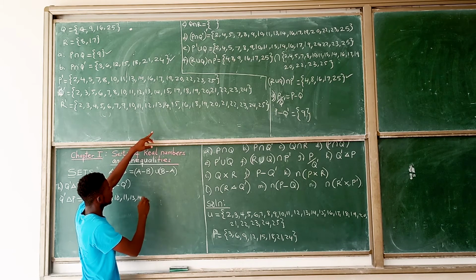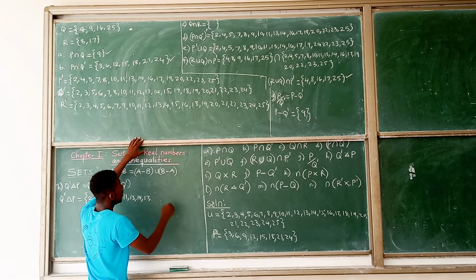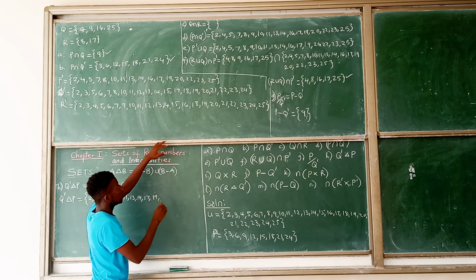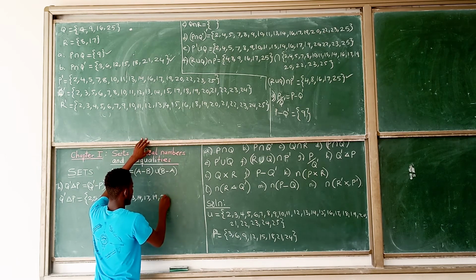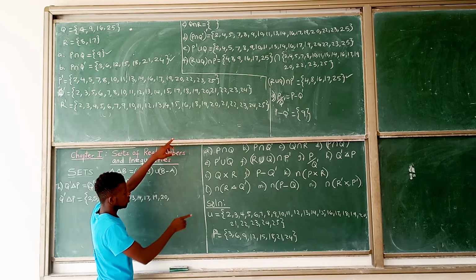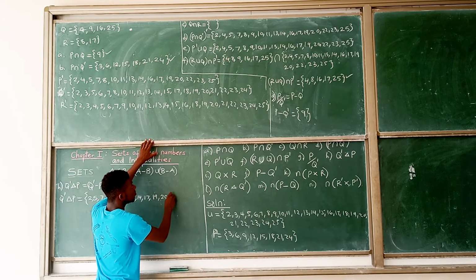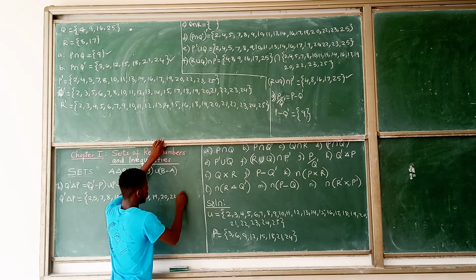The next number is 17, it's not there. We have 18, it is here. The next is 19, it's not there. We have 20, 20 is here and not in P, so 20 is part. We have 21, 21 is here. The next is 22, which is not here, so 22 is part. And 23.